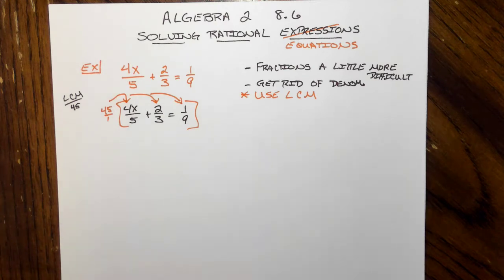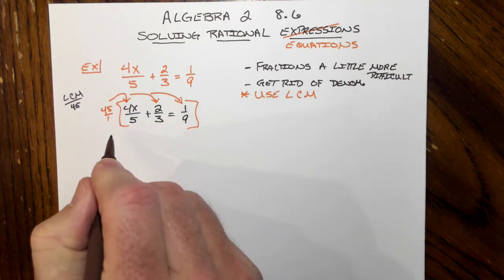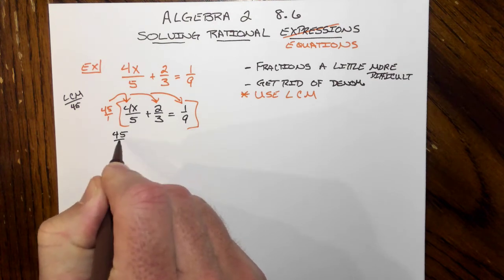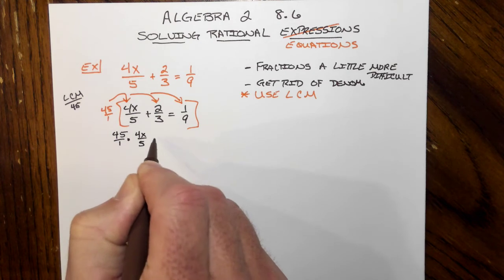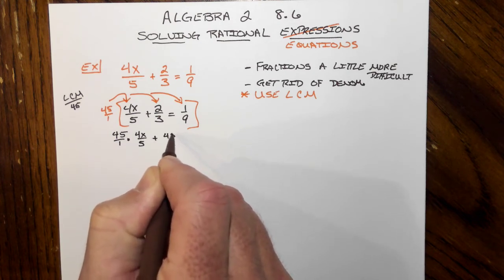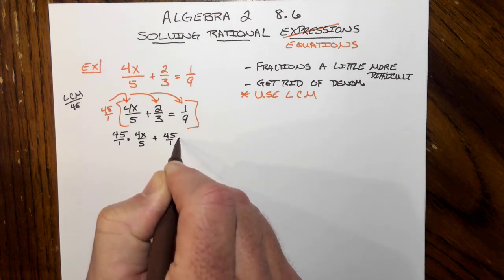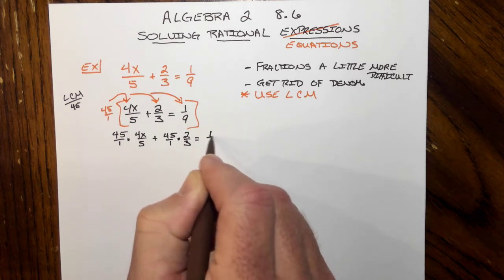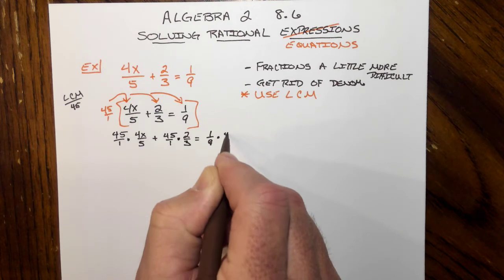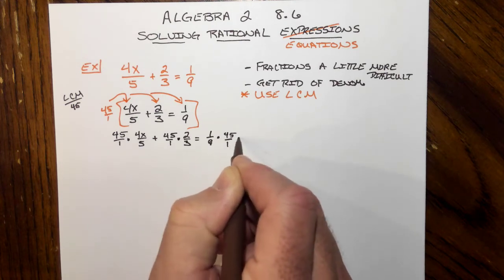So, what happens as we do these? Well, as we do our work, we've got 45 over 1 times 4x over 5, 45 over 1 times 2/3 equals 1/9 times 45 over 1.